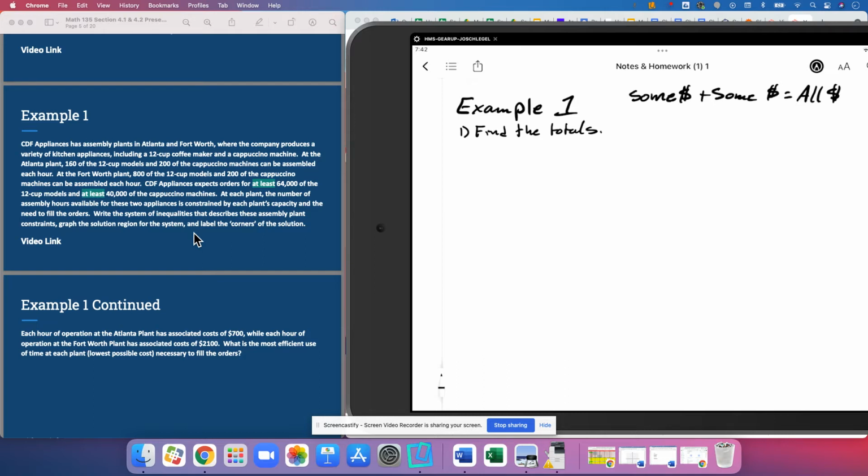Totals are usually going to be the biggest numbers in the whole darn thing. And I see that my totals are right here. I expect orders for at least 64,000 12-cup models and at least 40,000 cappuccino machines. So I'm going to begin by writing those numbers down over here on the right.